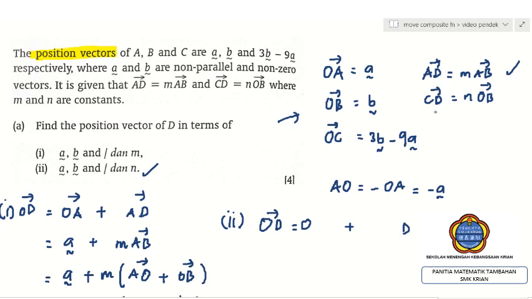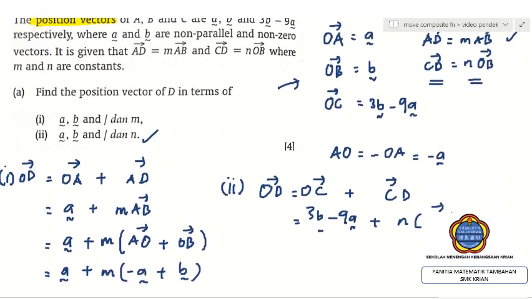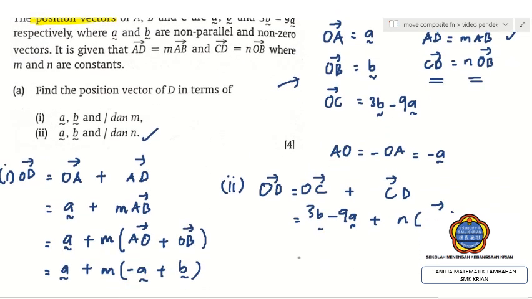Now we have CD with the letter n, right? So we put here OC plus CD, because right now we want to use letter n. OC is 3B minus 9A, plus CD is nOB. OB is also given, so we just simplify.